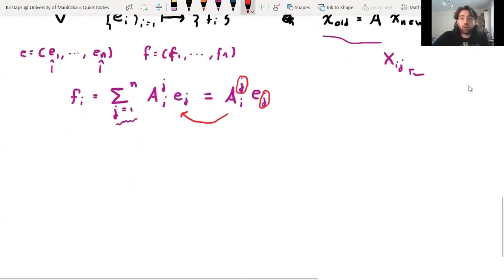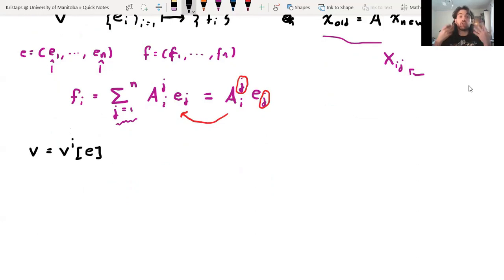Okay, so using that, we're now going to write the components of our vector. Suppose we have some arbitrary vector v, and we're going to write its components as v^i, and then in square brackets, I'm going to write E. What I mean by this is the ith component of the vector in the basis provided by E. So we can write v using the Einstein summation convention, right?